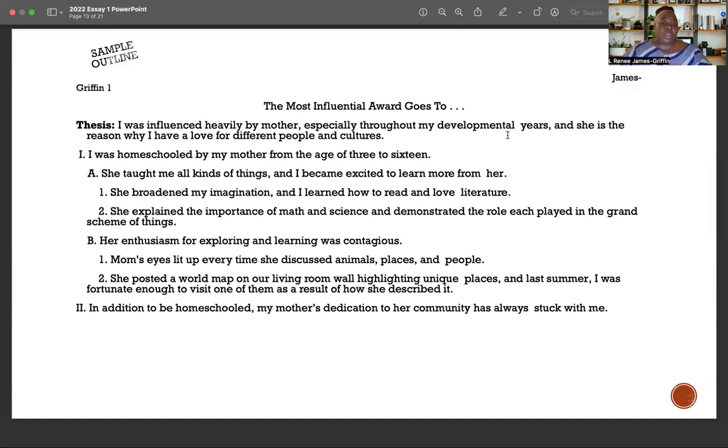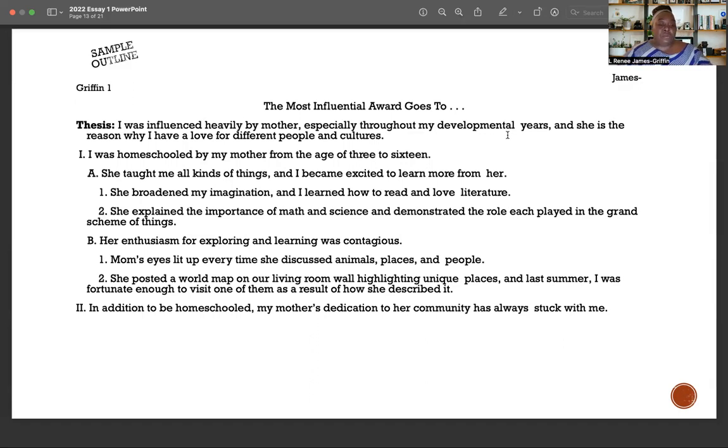And so what is the evidence? Well, let's see. She broadened my imagination and I learned how to read and love literature. She explained the importance of math and science and demonstrated the role each played in the grand scheme of things. So now I'm getting into the heart of who my mother is and why she's most influential, okay?